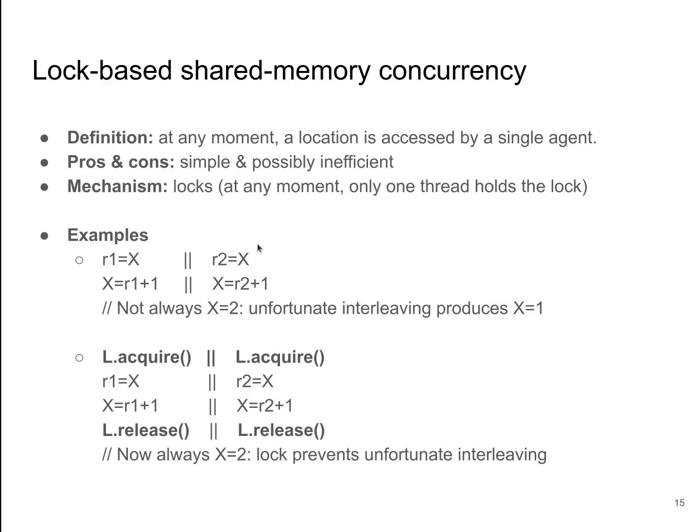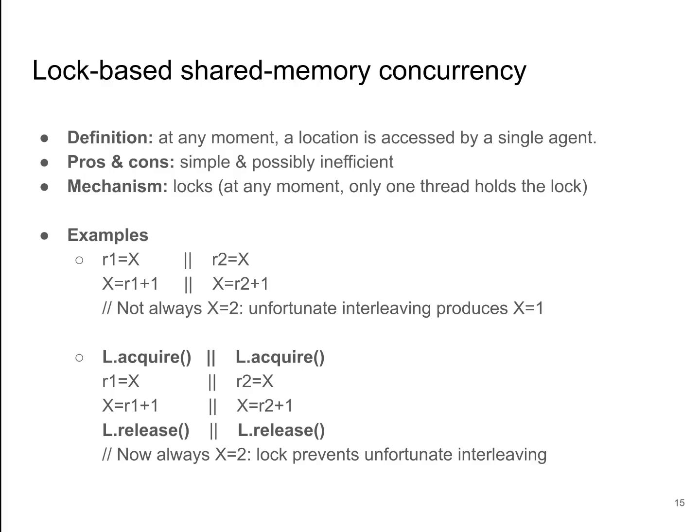Then let's assume that the right thread takes a turn, and it reads 0 again from X. Now the left thread takes a turn and assigns 1 to X. And then the right thread takes a turn, and X is assigned 1 again. So X is read as 0 in two threads, and it is assigned 1 in both threads, in this particular scheduling of instruction executions. If so, it may be the case that X is not 2 but 1 at the end of the execution.